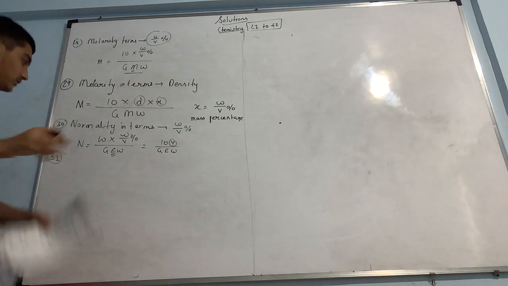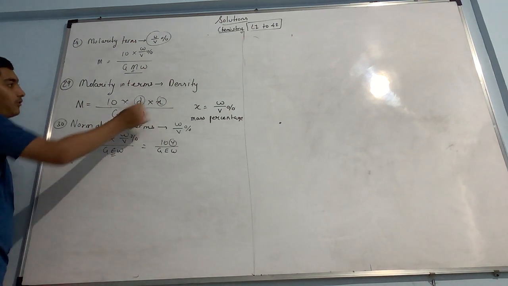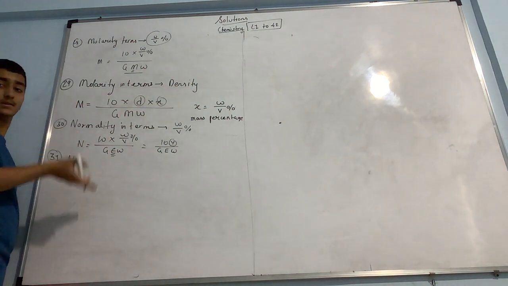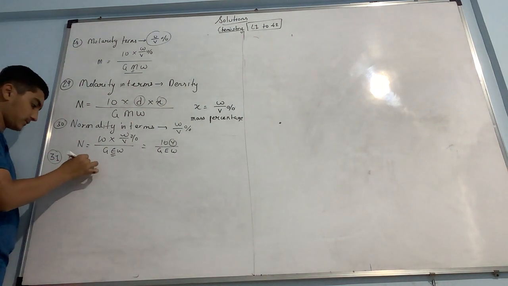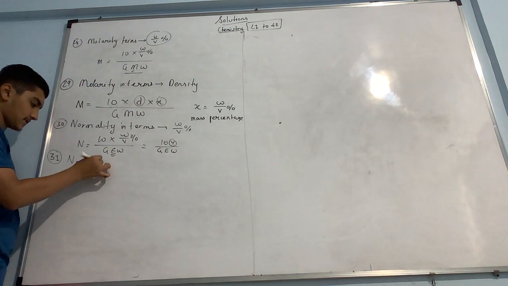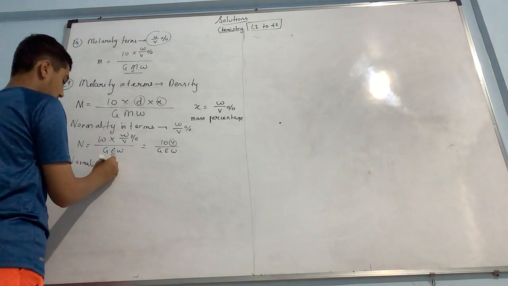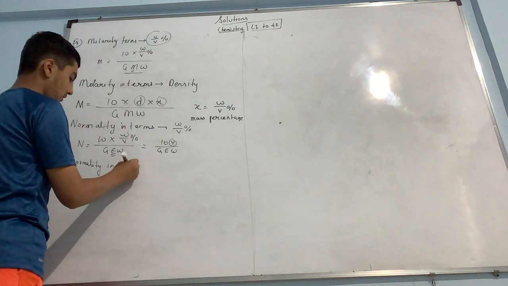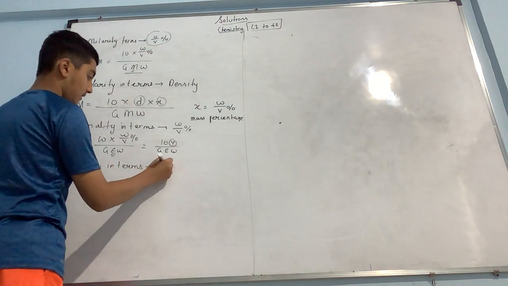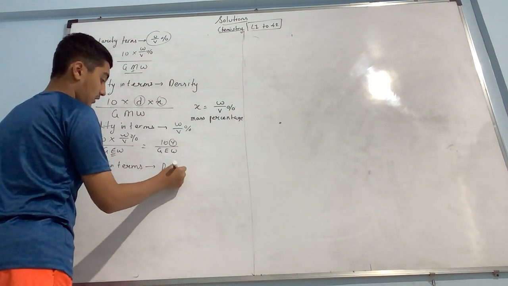31st point. Now normality again in terms of density. Just same as for molarity. I hope the formula will also be the same. Let's see.